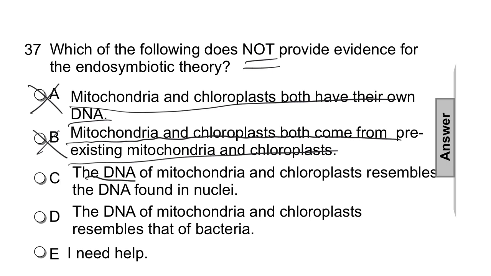The DNA of mitochondria and chloroplast resembles the DNA found in the nucleus. Well, it's made out of nucleotides, but otherwise, no. And the point is that it's unique from the DNA in the nucleus.